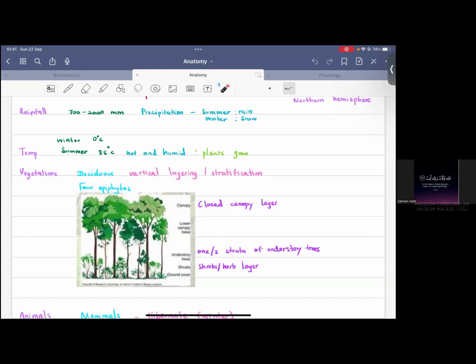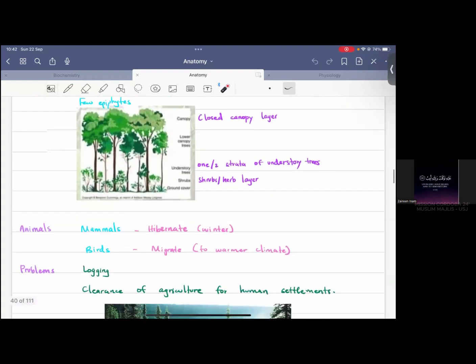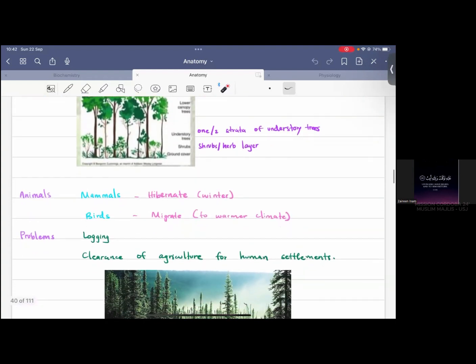Any biome which has epiphytes? Tropical rainforest. Yes, tropical rainforest. Good. So they can ask, name two biomes which have epiphytes.